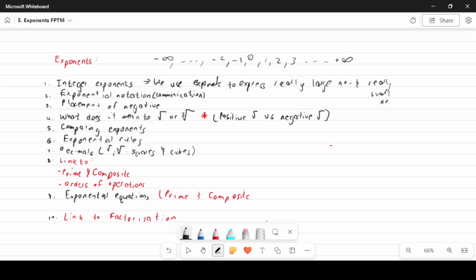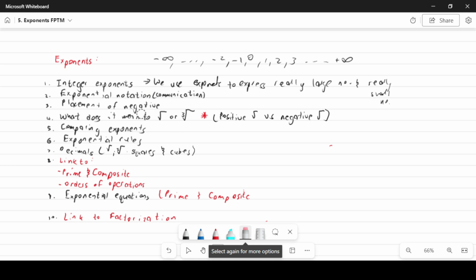So that's what the exponent will look like. Then we'll talk about exponential notation. So I'll give you the basic structure of the notation and some of the words that we use, which we've already done in algebraic expressions, where we spoke about the base and the exponent. But I'll just talk about it in terms of exponents, nothing different.